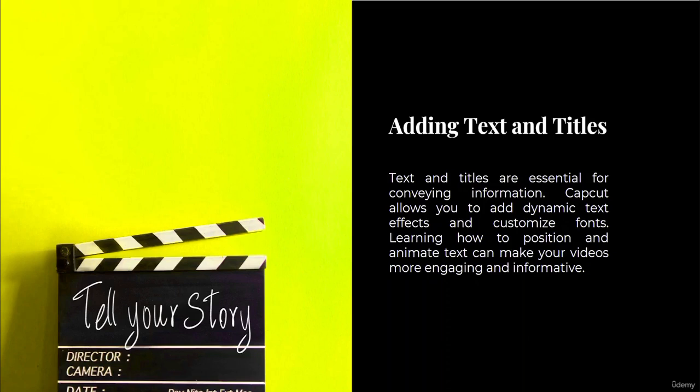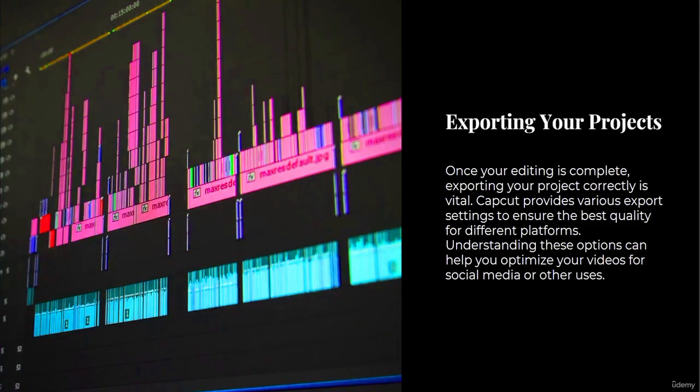And the next thing we gotta learn over here is exporting your projects. So let's say you are done working, you have imported all of your video, you have trimmed down your video, you have added music, you have added all the b-roll footage, and also did your color grading, everything is fine.